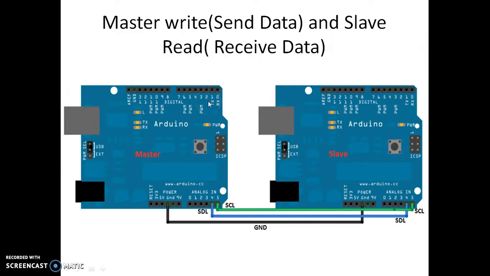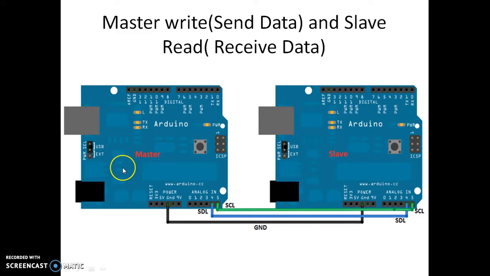We use two Arduinos. Here is our master and here is our slave. Maybe you have a question why this is master and this is slave. Actually, we just assume that this is a master and this is a slave. This is defined after uploading the code.